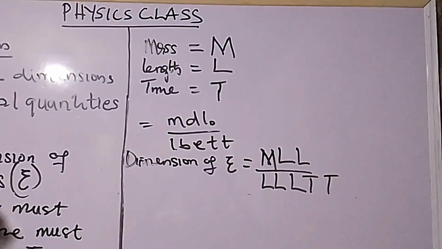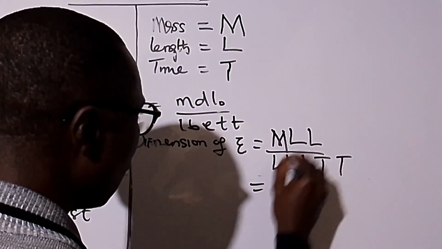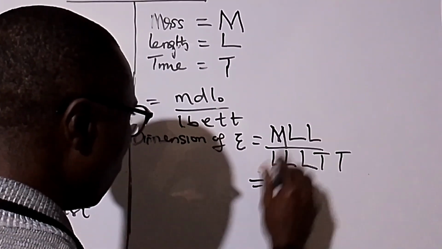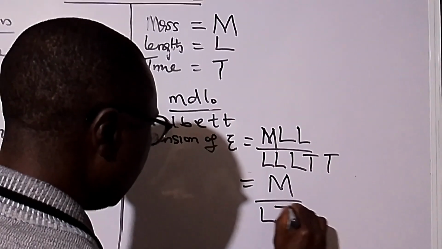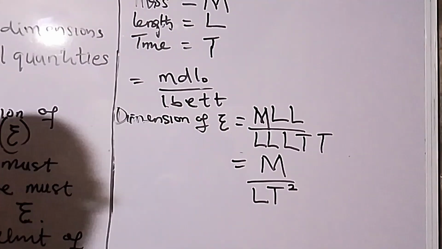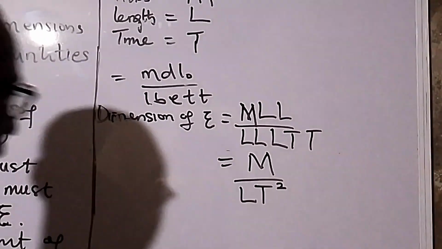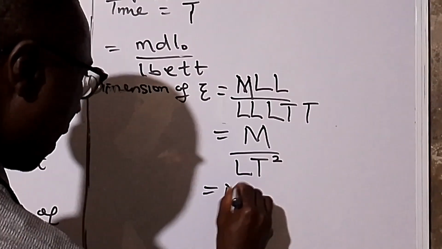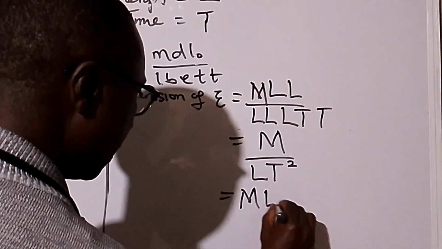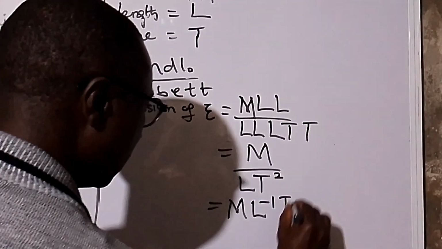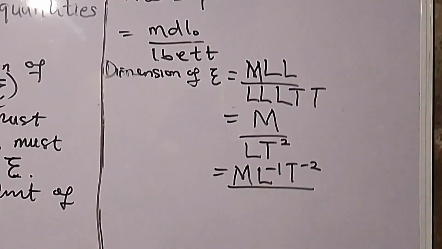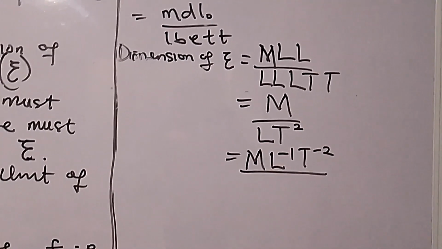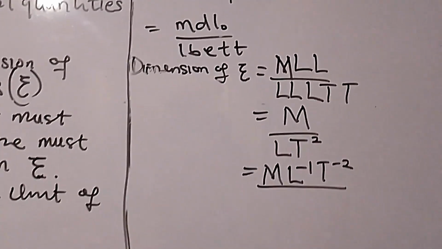From what is on the board, this one will go away, and we are going to have m over l t squared. Apply the law of indices, then we are going to have m l raised to power minus 1 t raised to power minus 2. That is the dimension of Young modulus.